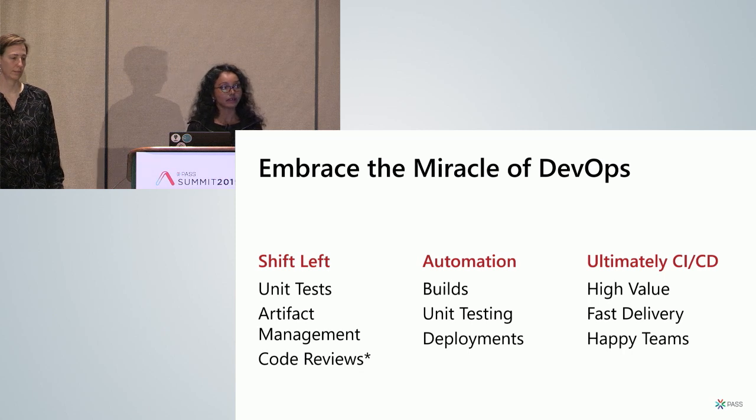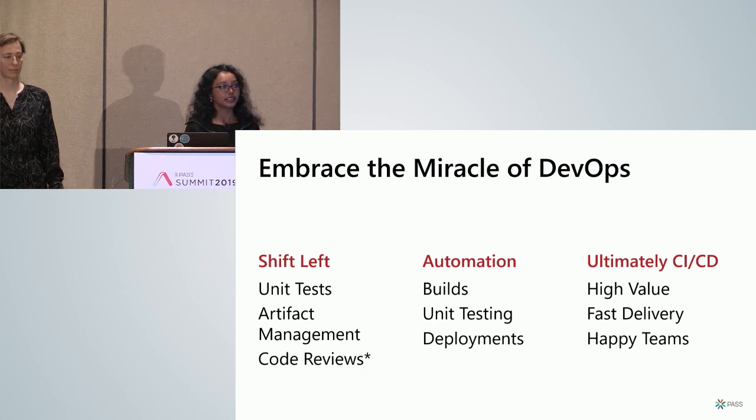And she wanted to have artifact management. You want to deploy a certain version of your code. The artifact management has all your code packaged and available there, and you could deploy a certain version based on your business reasons. And she also wanted to have code reviews.